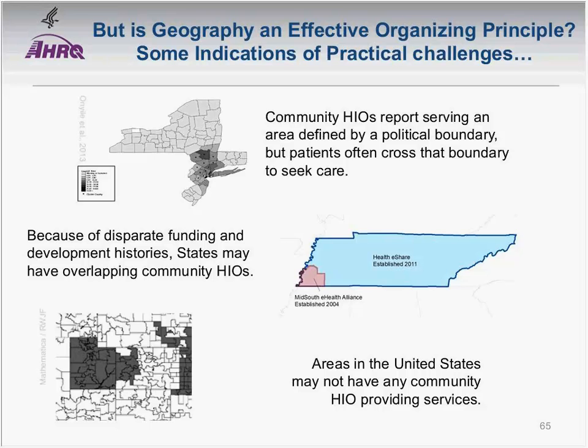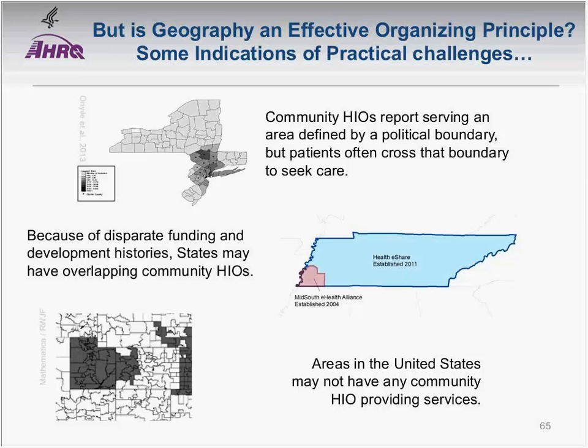Duplication of effort, unavailable services, and extreme variation in population served could all undermine goals of improved quality of care, more efficient care, safer care, and even public health. And to boot, this can just make the daily operation of community HIOs that much more difficult.